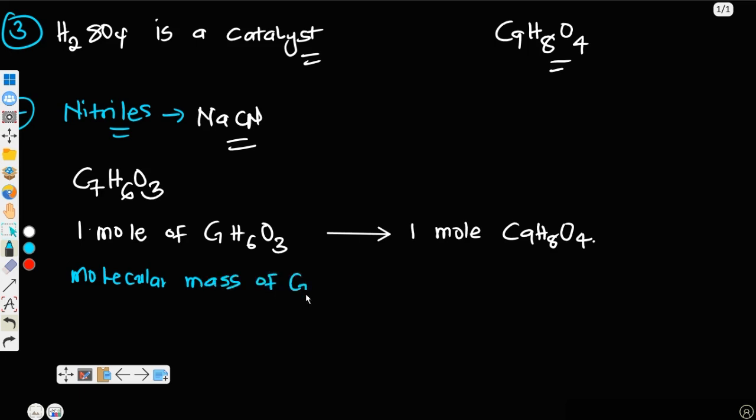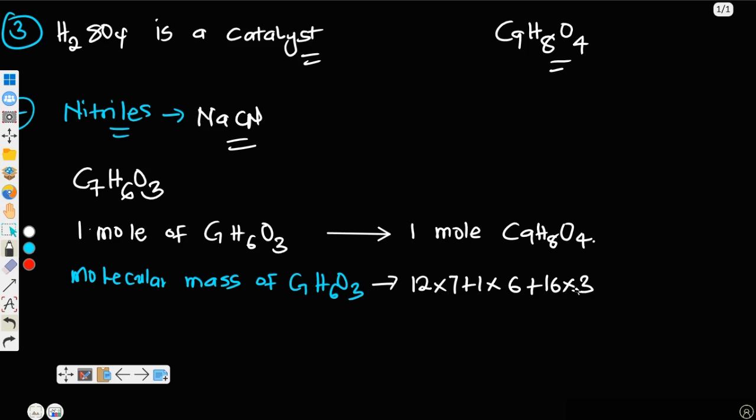What is the molecular mass of C7H6O3? Now the molecular mass is C7 and the rest. C7 means 12 times 7. Is that okay? 12 times 7. So we have 12 times 7 plus 1 times 6 plus oxygen is 16, so we have 16 times 3. All right, let's press the calculator.